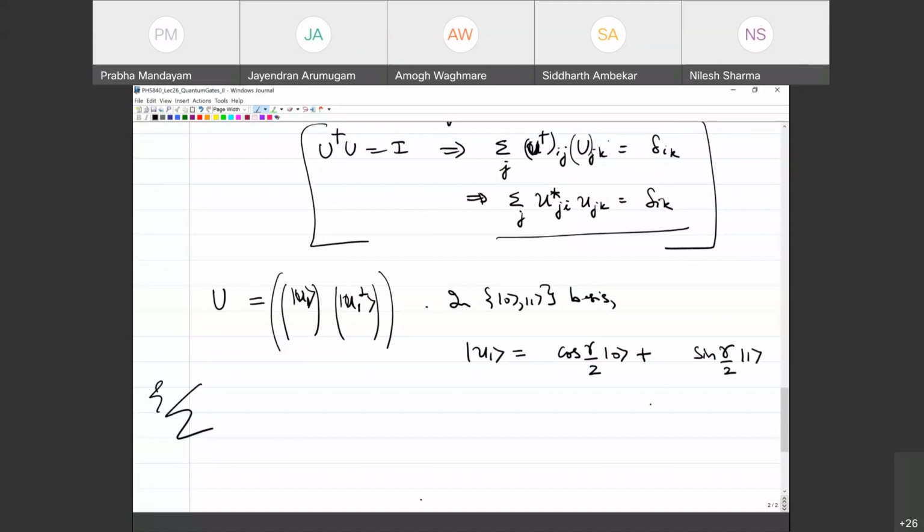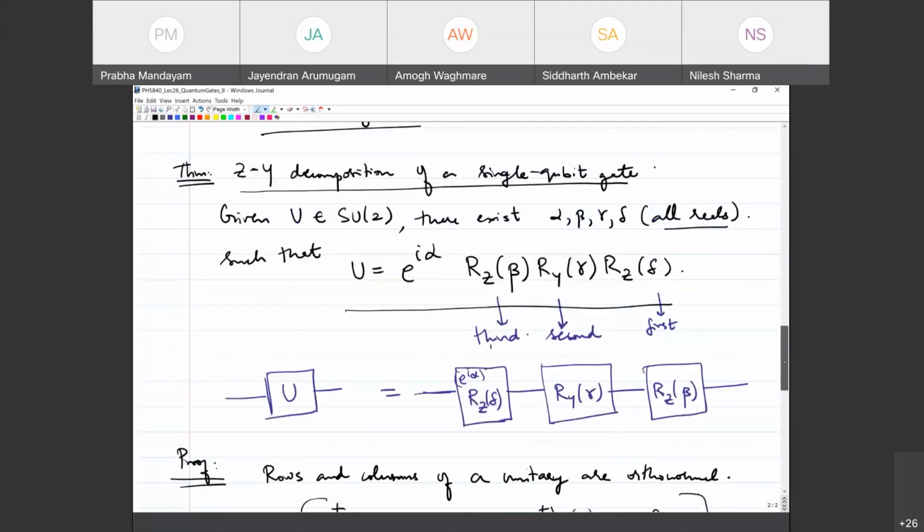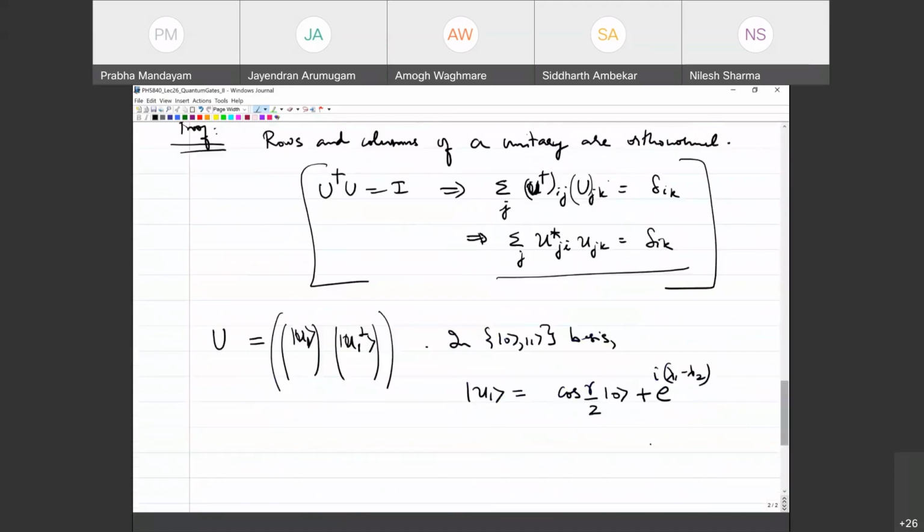Now this phase, for some reason, I want to write it as, well, you can separate it out as an overall phase and a relative phase and so on. So let me for now write it as e^{i(lambda1 - lambda2)}, where lambda 1 and lambda 2 are both some angles between 0 and pi, right? Sin(gamma/2)|1>.